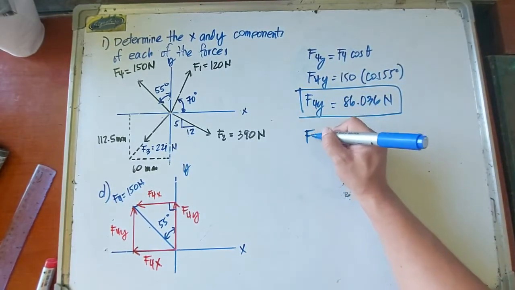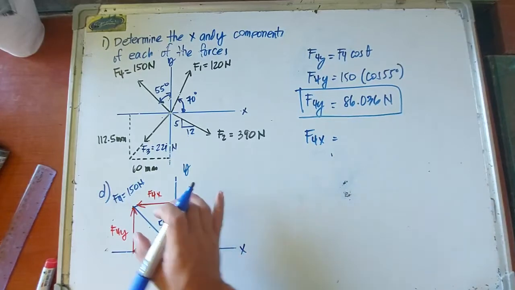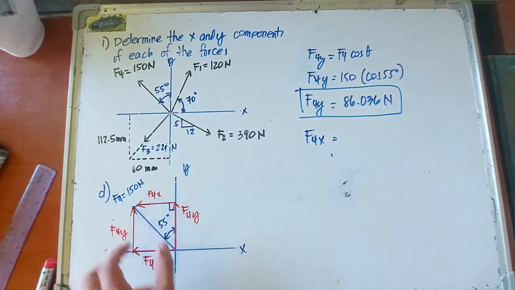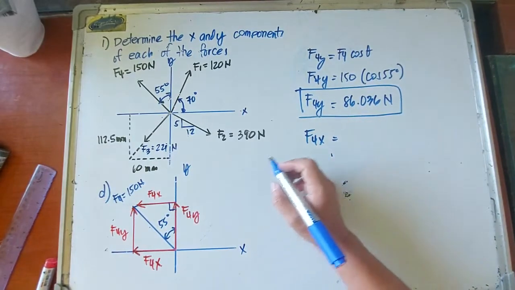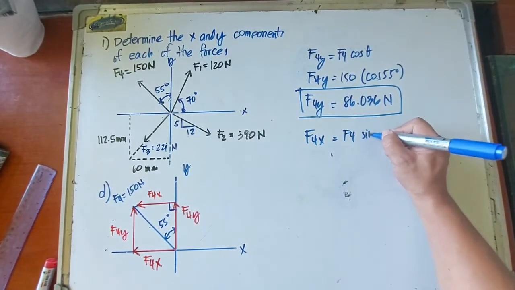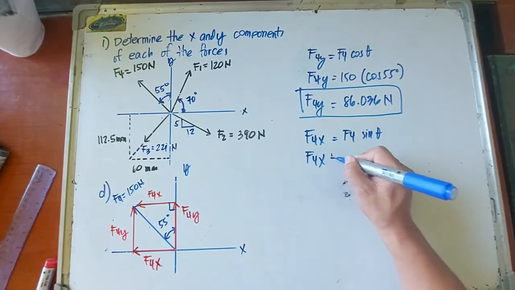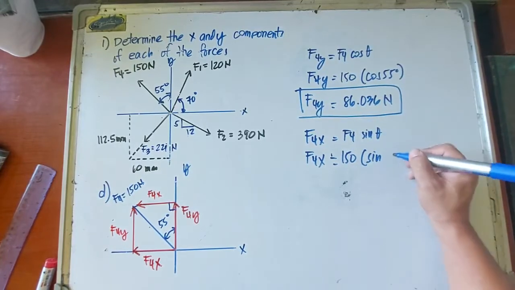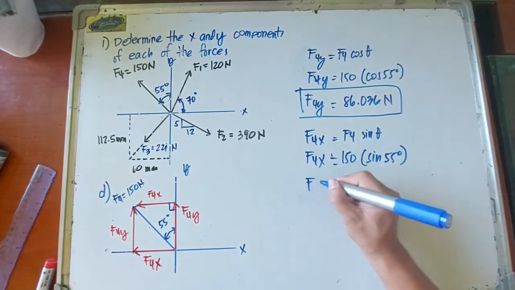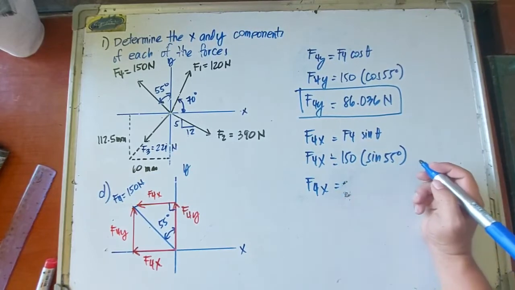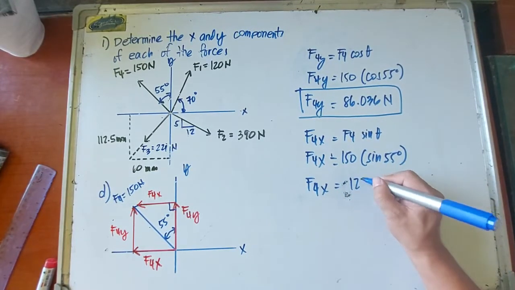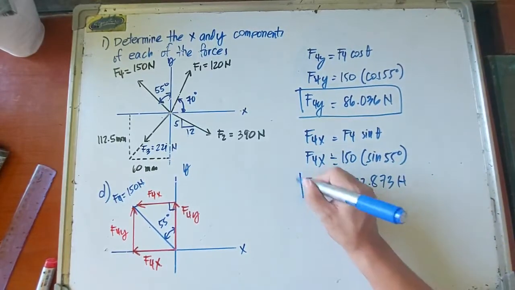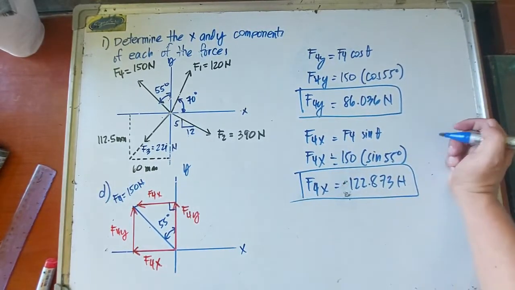And F4X, now the X component is the opposite side, so sine. So we have F4 sine of the angle theta. So F4X is equal to 150 times sine of 55 degrees. So F4X is equal to 122.873 newtons. Okay, so those are the components.